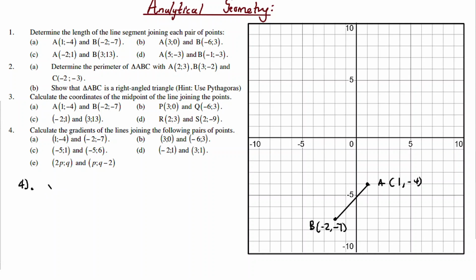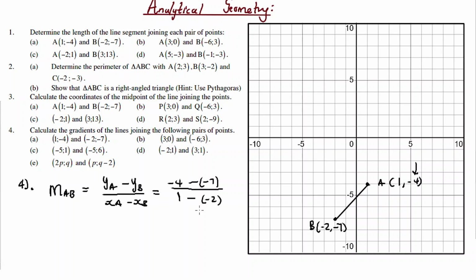So the gradient is represented by what? By m. M, the gradient between A and B, is calculated as (YA minus YB) over (XA minus XB). So what is YA? That's negative 4, minus YB, that's negative 7, over XA, that's 1, minus XB, that's negative 2.